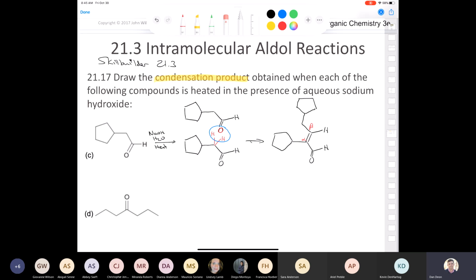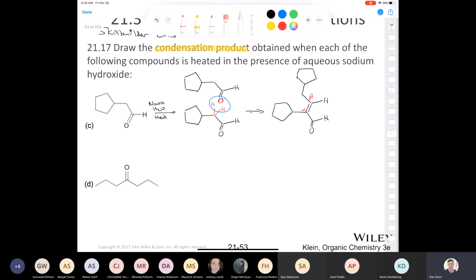With that in mind, let's try the next one. We'll do this exact same technique. I'll do it a little bit faster. So let me divide the space here. If we draw the ketone, this is 4-heptanone. So let's draw 4-heptanone: 1, 2, 3, 4, 5, 6, 7.